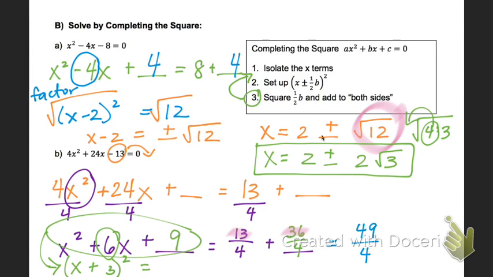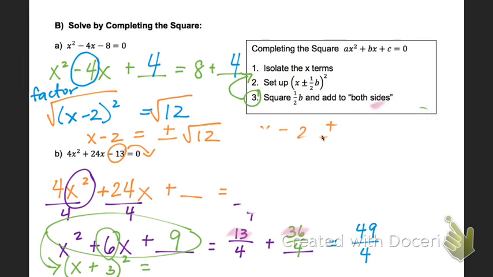So I'm going to give myself some more room. So now what I'm working with is x plus 3 squared equals 49 over 4. I want you to try and solve this by square root. It turned out pretty nice.